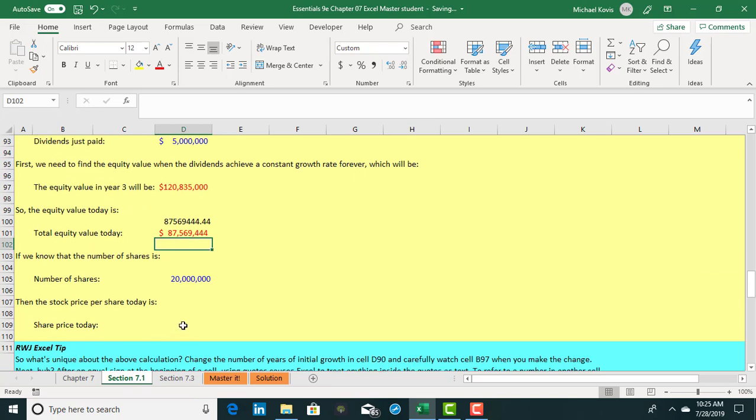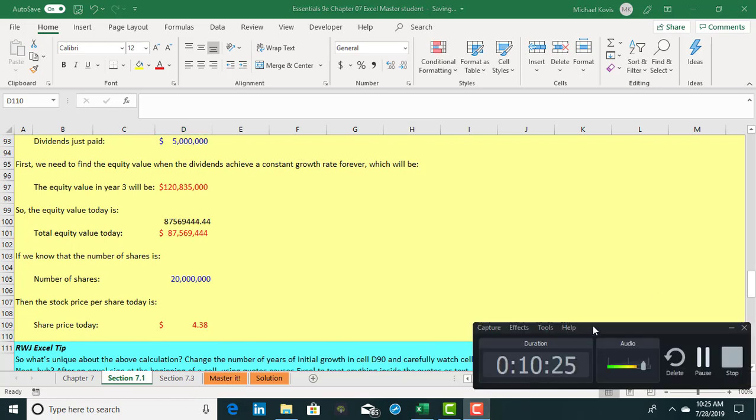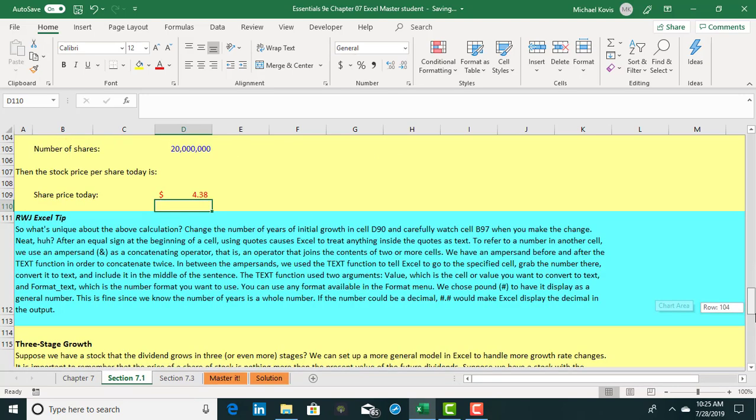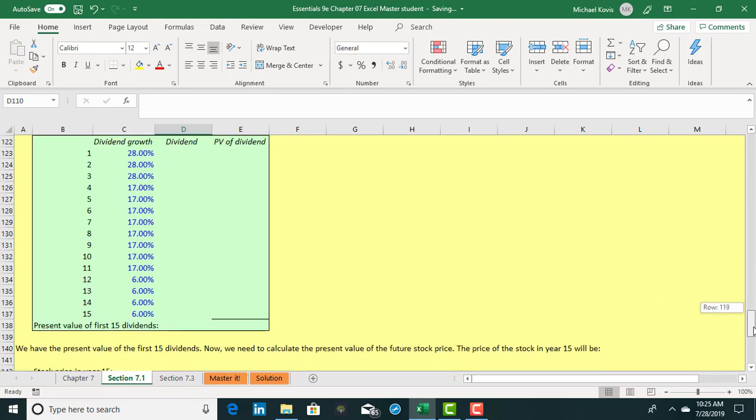And again, we can do that. So if we're going to be in a perpetual growth rate mode, I can take next year's dividend times 1 plus my growth rate. And then from here, I can just drag my formula down.